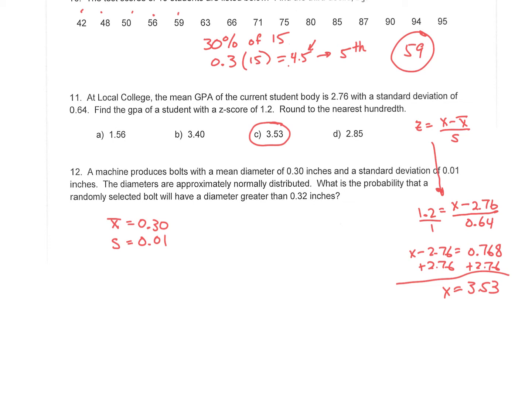Okay, step one, let's find the z-score for 0.32 inches. So z equals x minus x bar over s. So x is 0.32, minus the mean, divided by the standard deviation. And that equals 2. So z equals 2.